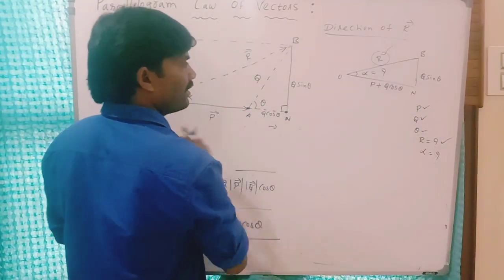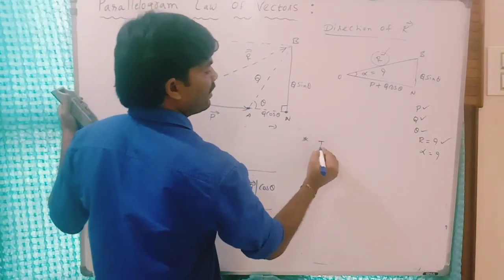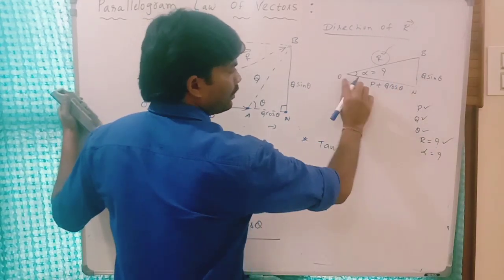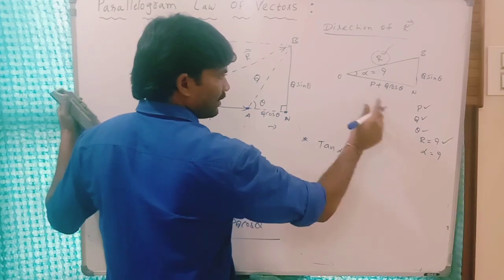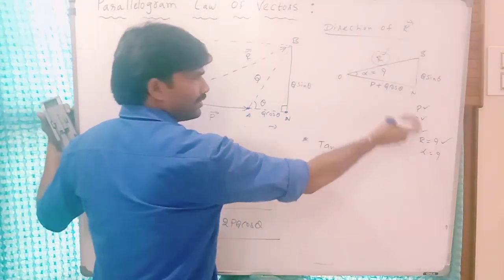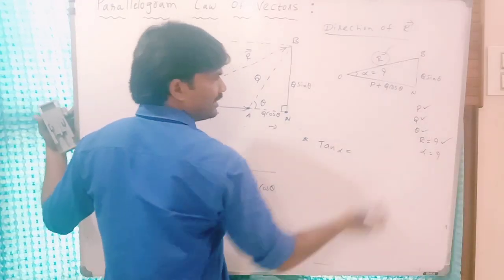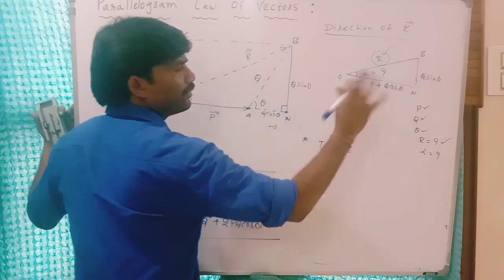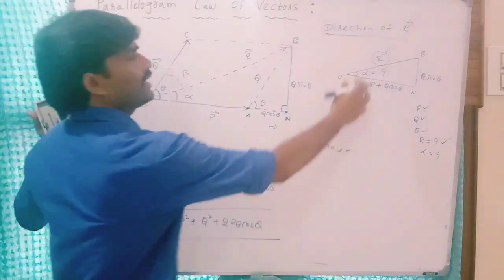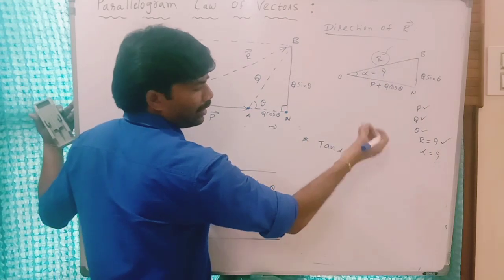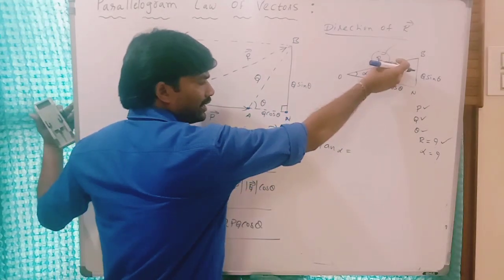See the triangle. So from the triangle, you can take tan alpha. Tan alpha gives what? This side is unknown. They do not provide R, they provide P, Q and theta. If these three are known, generally we take these known sides. This side is unknown, so that is why don't try to write a trigonometric function in terms of hypotenuse.